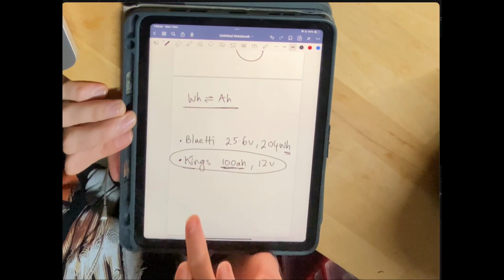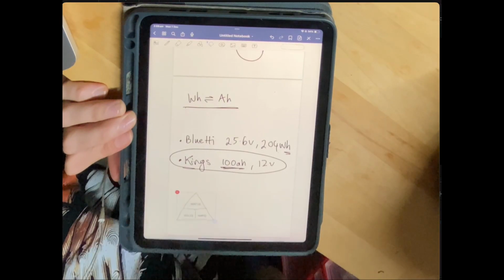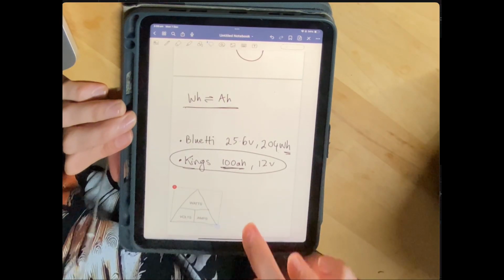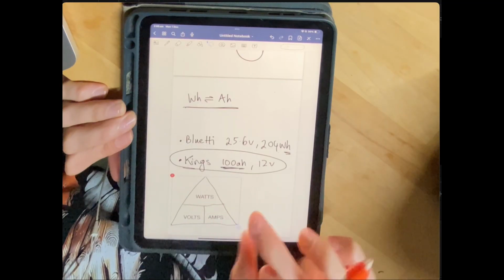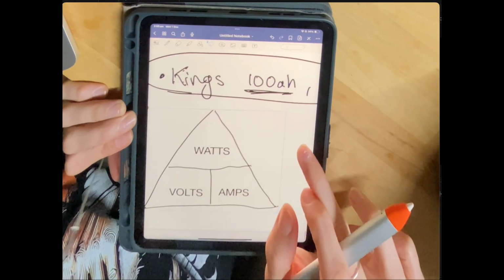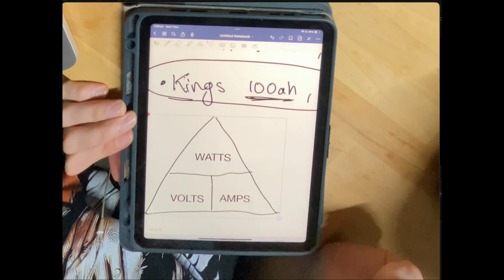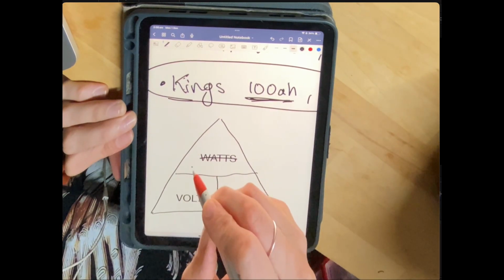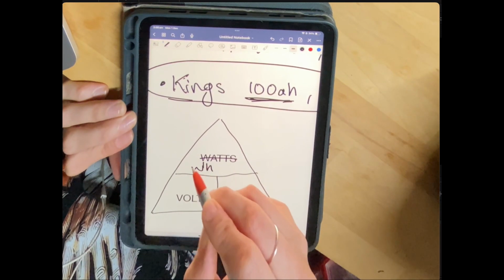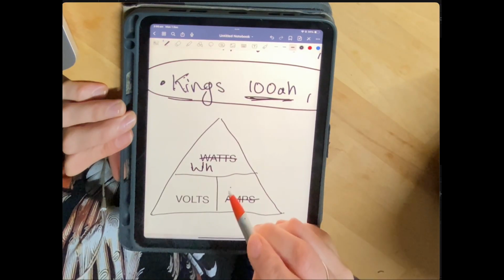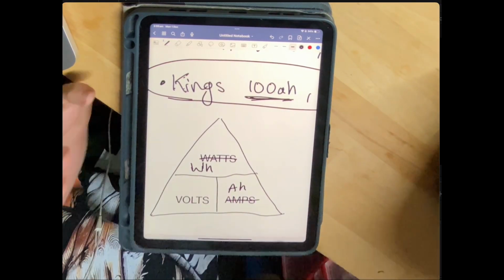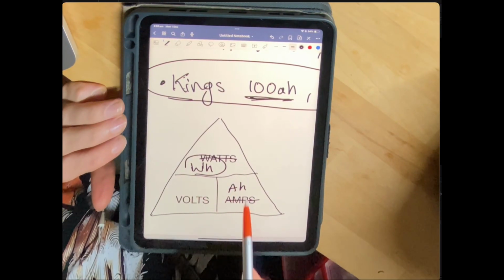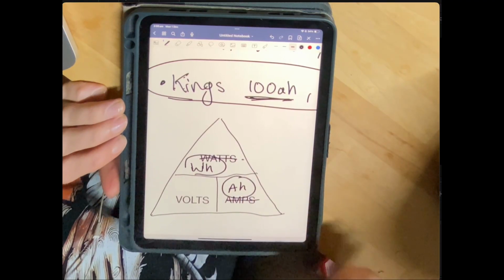The calculations we need to do are pretty much what we had in our triangle earlier on. We were dealing with watts, volts, and amps. The difference here is we're now working with watt hours and amp hours. Same position, we're just now doing watt hours and amp hours instead of watts and amps.